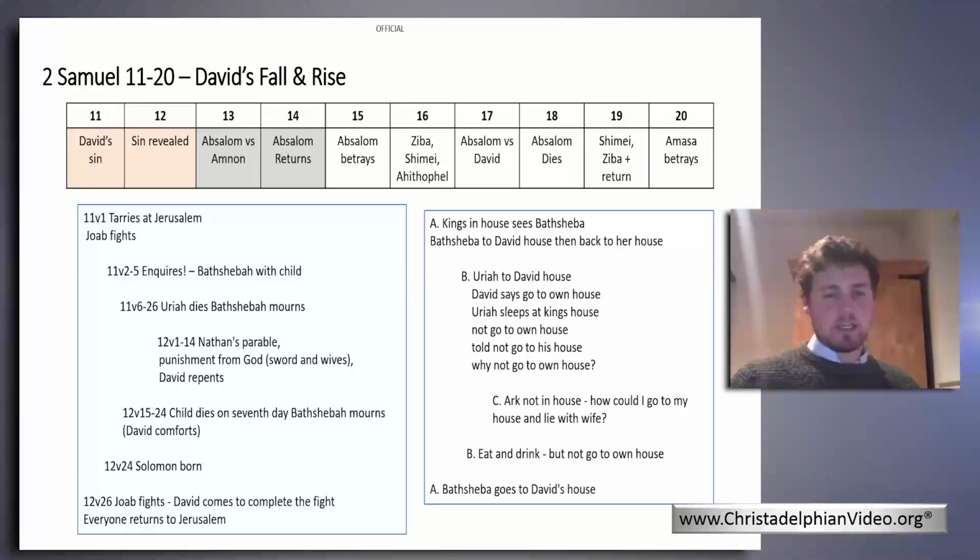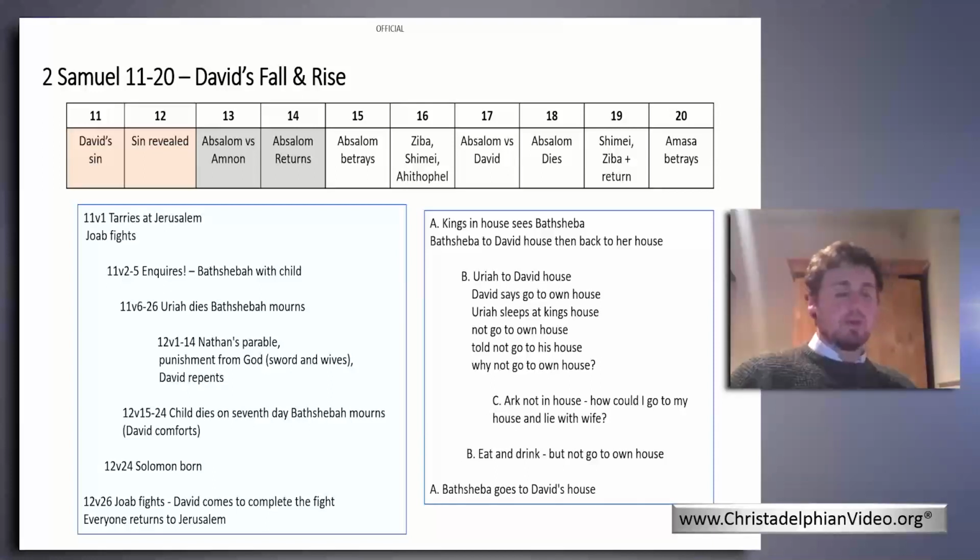His wives are going to be taken, and the sword is not going to leave his family. David repents, and he is told that he's not going to be cut off in the same way, and then the child dies and Bathsheba mourns again.